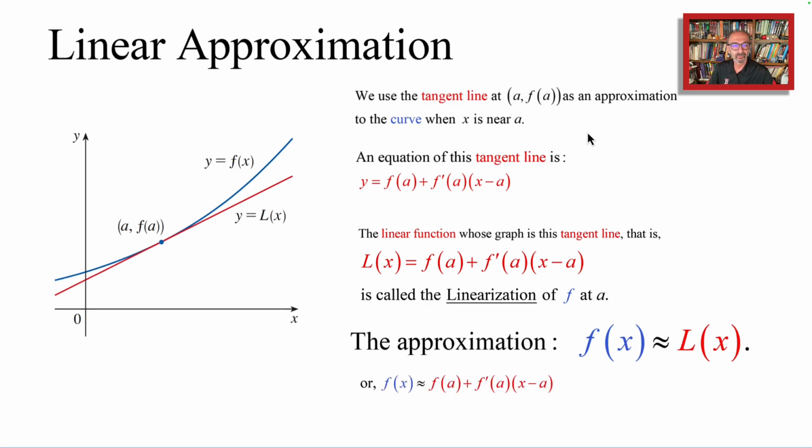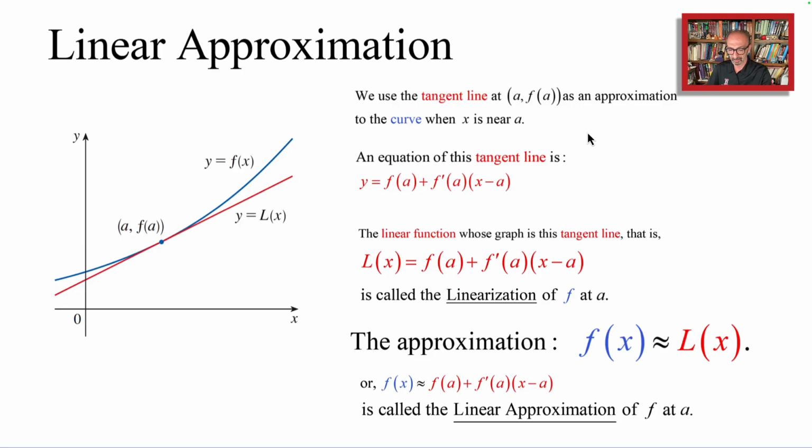Or, now I'm writing f of x in blue, I'm saying that the function itself, the curve, is approximate to L of x. Because L of x is in red, I could replace that with f of a plus f prime of a times x minus a. This is called the linear approximation of the function f, the blue one, at a. So that's the whole idea of linear approximation.